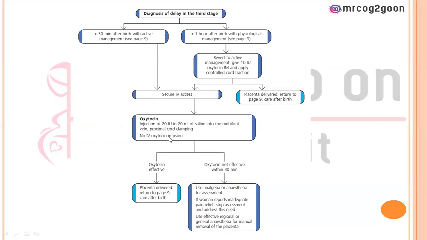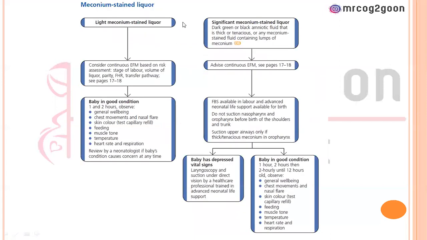We will give 20 international units in 20 ml of saline into the umbilical vein, proximal cord clamping, no IV oxytocin infusion. If oxytocin is effective, okay, we will go back to our routine. If oxytocin is not effective within 30 minutes, we will give analgesia or anesthesia and go for manual removal of the placenta, but we have to give her proper analgesia.